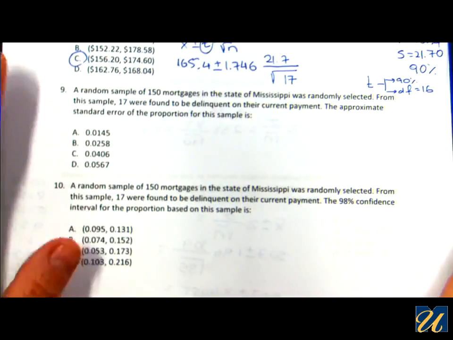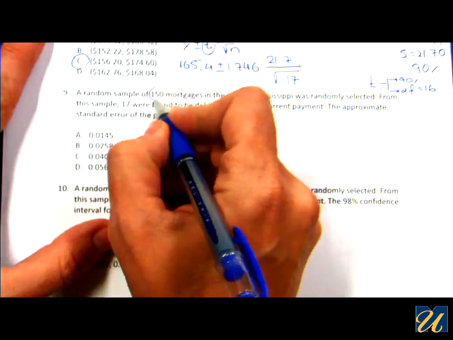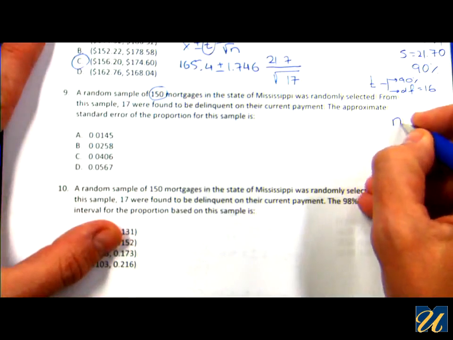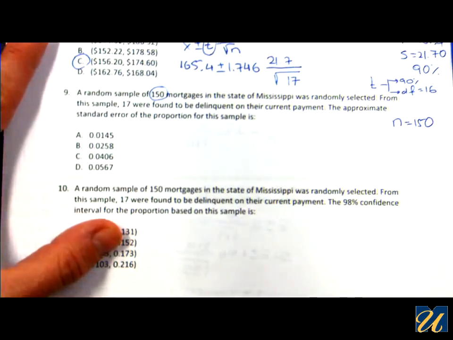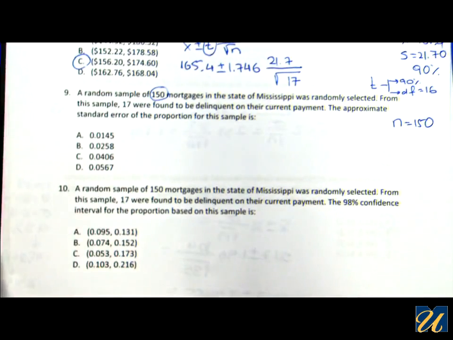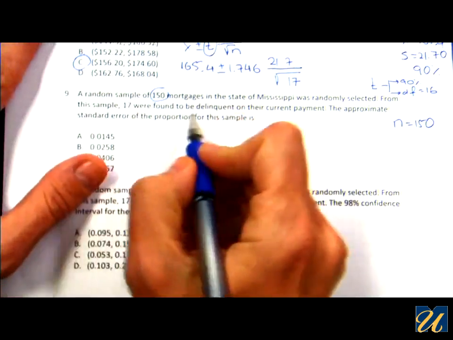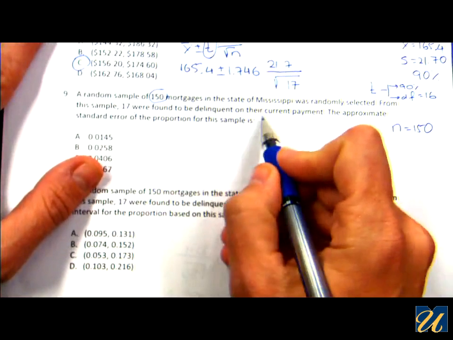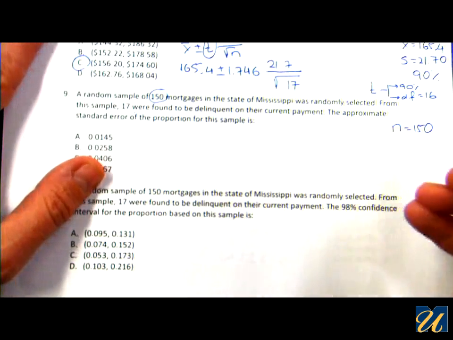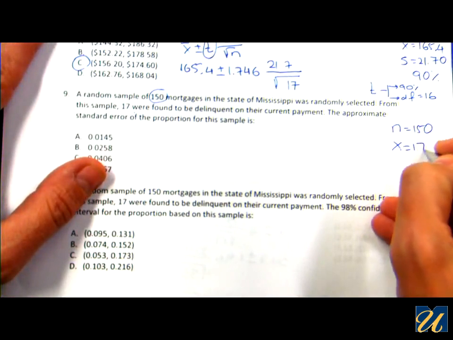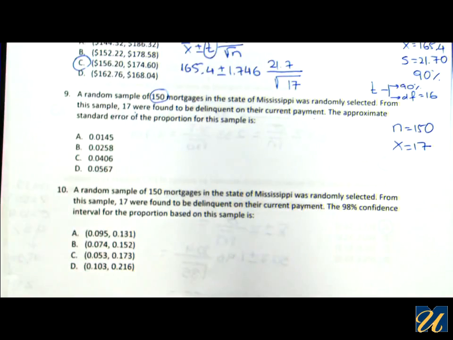Number 9, a random sample of 150 mortgages, that means n is equal to 150, was randomly selected. From this sample, 17 were found to be delinquent on their current payment. So that means x is equal to 17. I'm looking for the approximate standard error of the proportion for this sample.